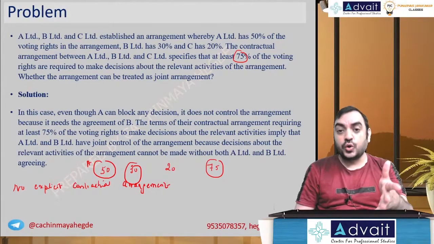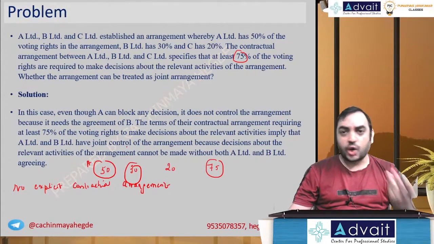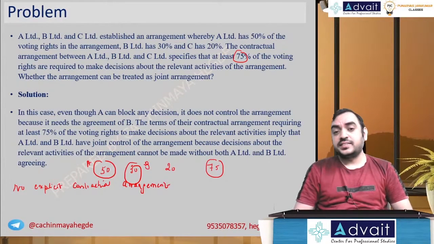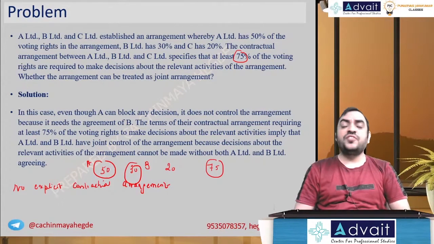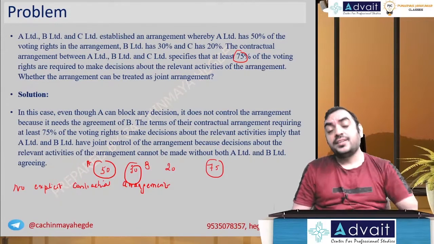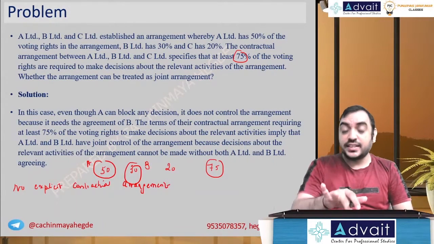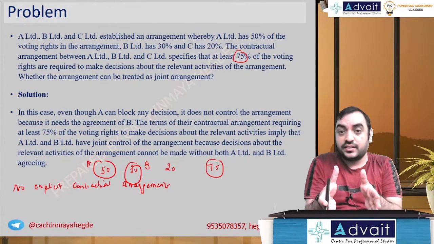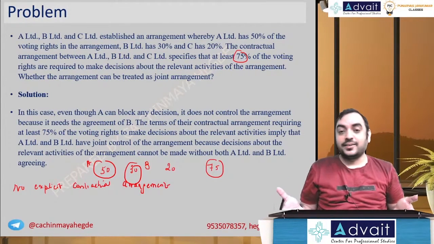If he says no, the remaining 70% also cannot take the decision on their own. So, in other words, A Limited can stop the decision of others, B Limited can stop the decision of others. So, indirectly, implicitly, unless A and B agree together, the decision cannot be taken.